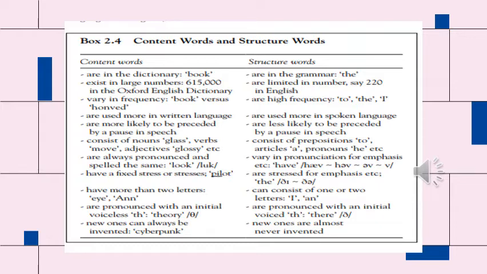Some structure words are pronounced with an initial voiced th, like the, there, while content words like theory are pronounced with an initial voiceless th. New content words can always be invented, like cyberpunk. New structure words are almost never invented. All right, I guess that gave you a lot of ideas and now you could easily tell and distinguish content words and structure words.